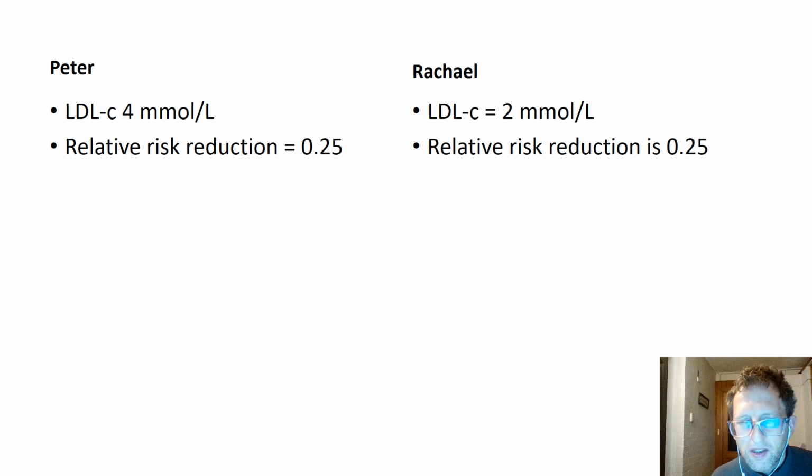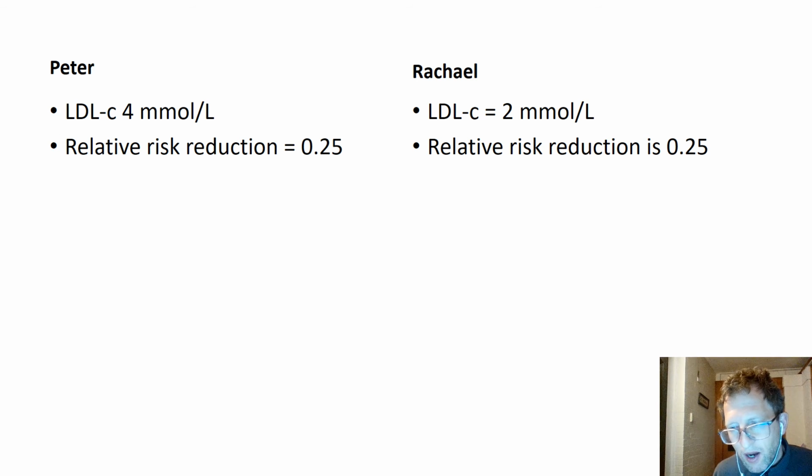In other words, there's a relative risk reduction of 0.25. And I say to them, if we were to give Peter and Rachel a statin each, the same one, and they both got the same 1 millimole reduction in LDL cholesterol, who would benefit the most? And they think about it for a while, and often they say Peter, and other people just shrug their shoulders.